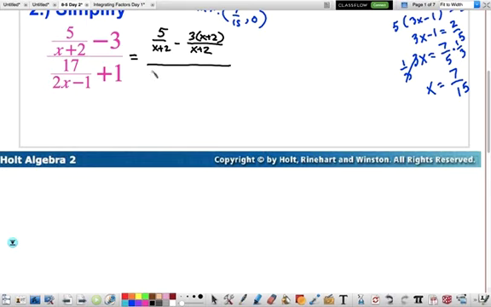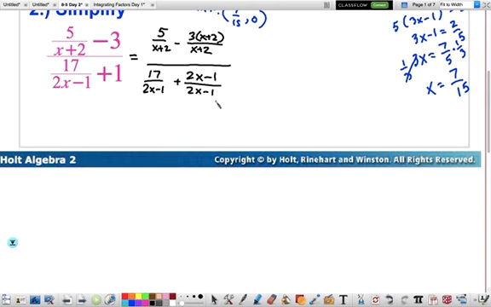Down here, 17 over 2x minus 1, plus, I turn this into what? Over... Why did I do that? If you guys don't understand that step, you really need to get that down right now.